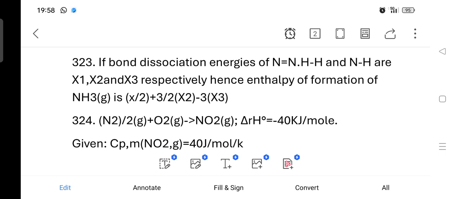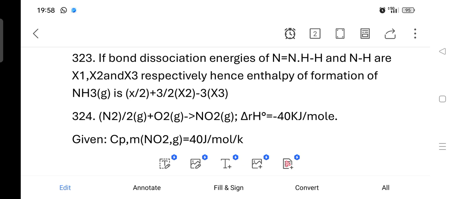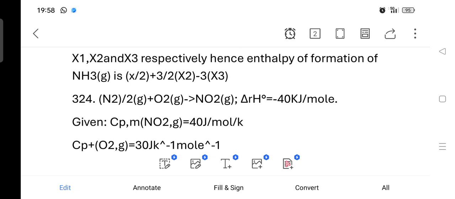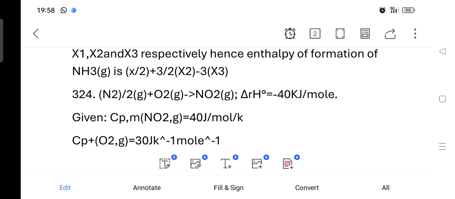If bond dissociation energies of N triple bond N, H minus H and N minus H are x1, x2 and x3 respectively, hence the enthalpy of formation of NH3 gas is x1 by 2 plus 3 by 2 into x2 minus 3 into x3.